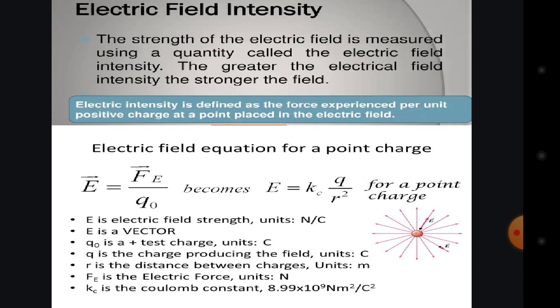The q naught is normally the test charge. But this formula can also turn into a formula for a point charge.